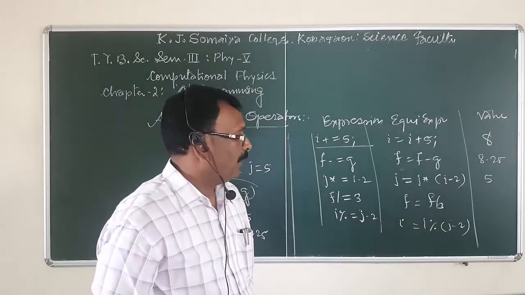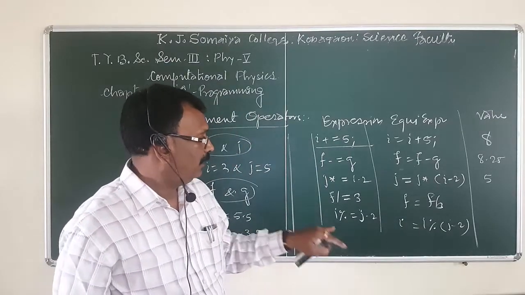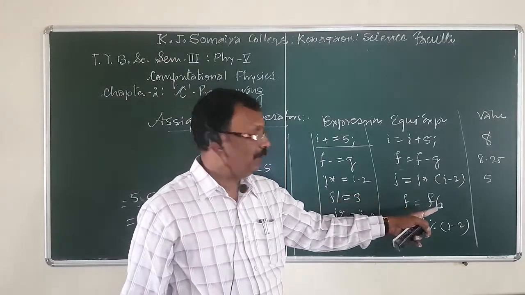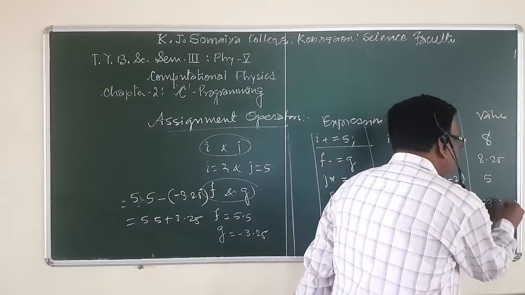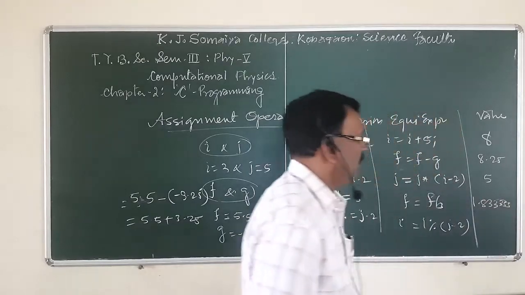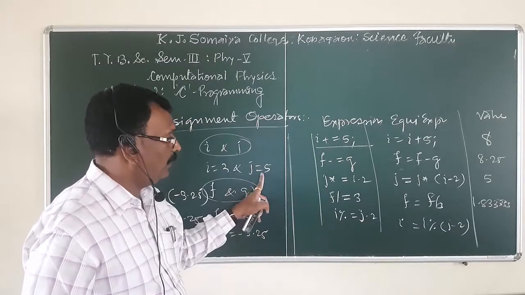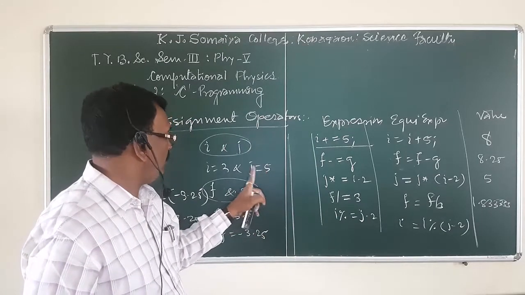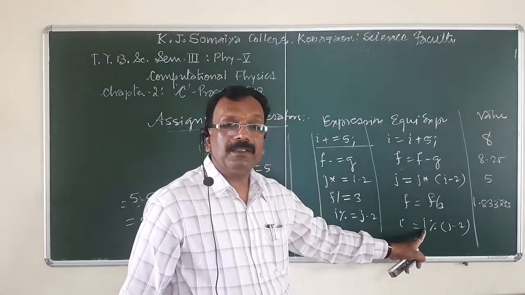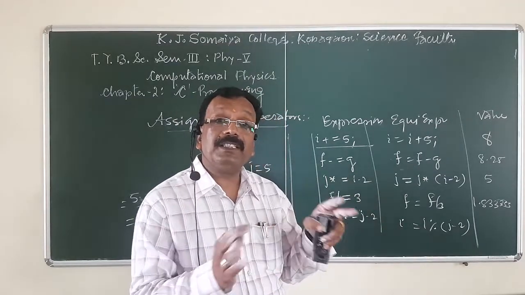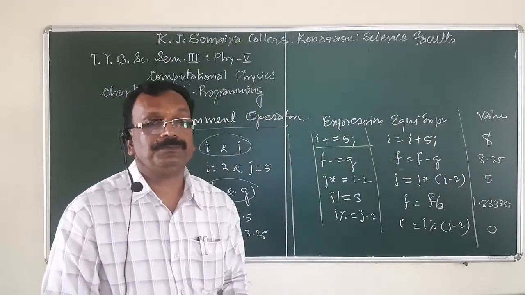Now here the value of f is 5.5 and when we divide 5.5 by 3 we have the result 1.83333. And last, j is equal to 5. j minus 2, 5 minus 2, that is 3. 3 divided by 3, what is the remainder? 0. Therefore, these are the final values.